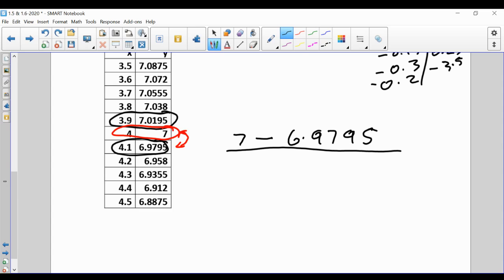Then I'm going to subtract the 2 X's. Which one gave me the 7? It was the 4. So 4 goes first, minus the 4.1. So I'm matching up the 4 with the 7 and the 4.1 with the 6.975. The one that came first is the 7, so I'm going to put the 4 first because the 4 gave me the 7. The one that came next was the 6.975. That came from the 4.1. That's why I have them in that order.